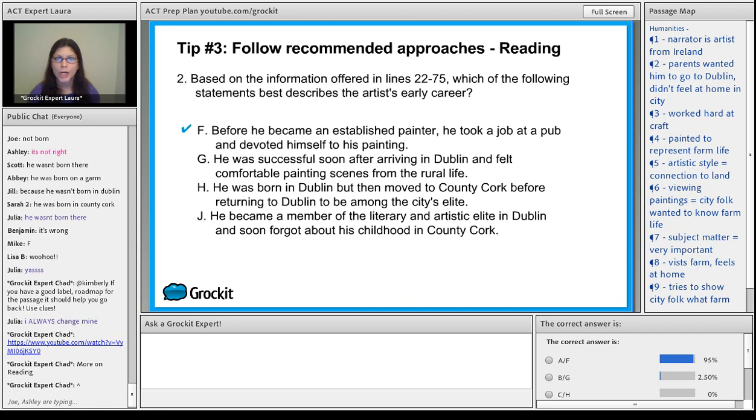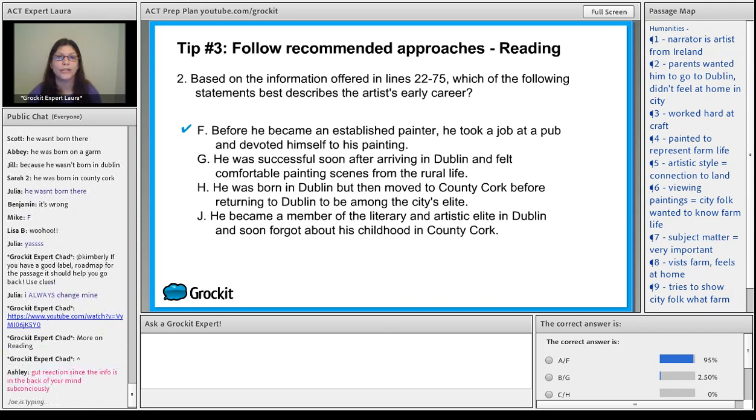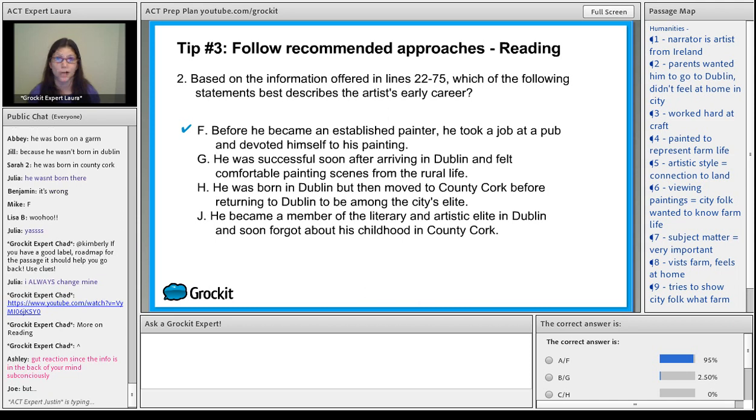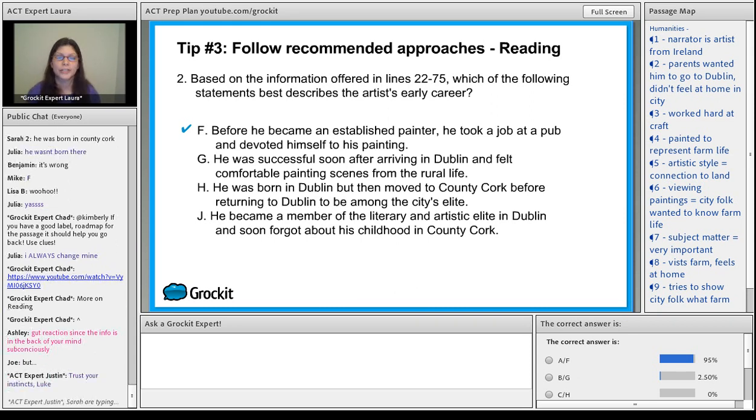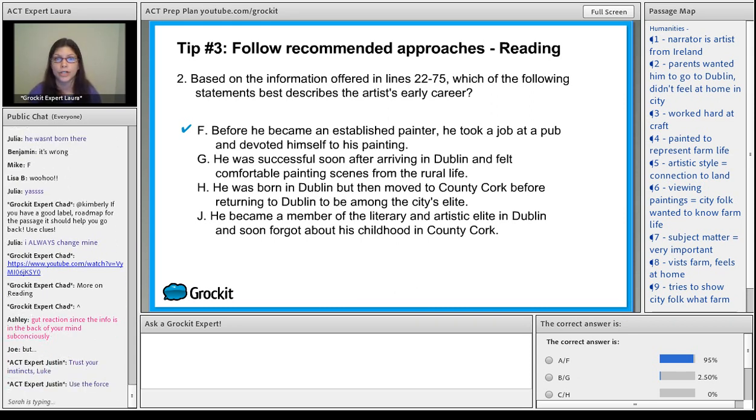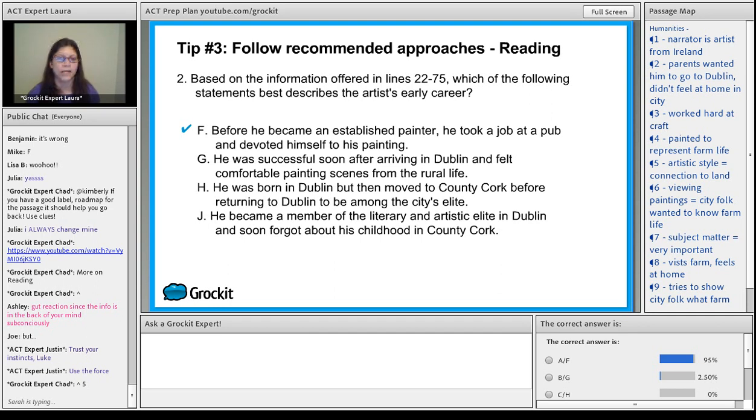For English and for reading especially, do not change your answers. Don't do it. I'm sure you've had something in the past that's gone wrong in terms of changing your answers. It's had to have happened to you before, and we see it all the time. Do not change your answer, especially in reading. For math, you may change your answer if you find a step, and science too, you might figure out you were looking at the wrong thing. But for reading, it is very rare that you would change your answer.